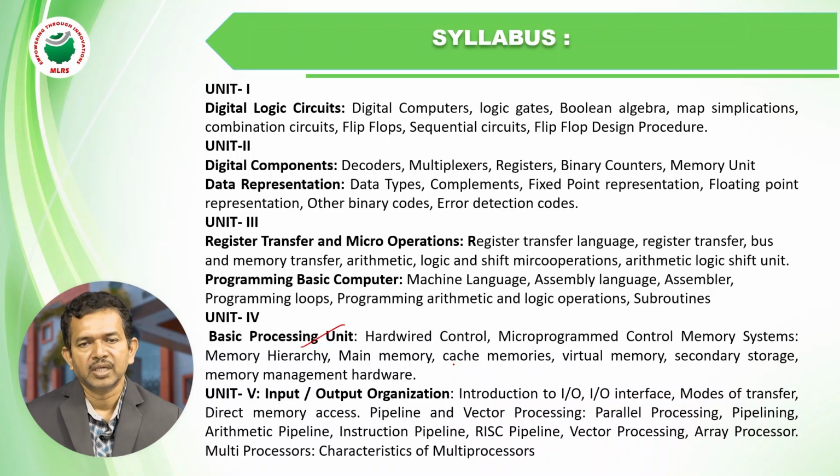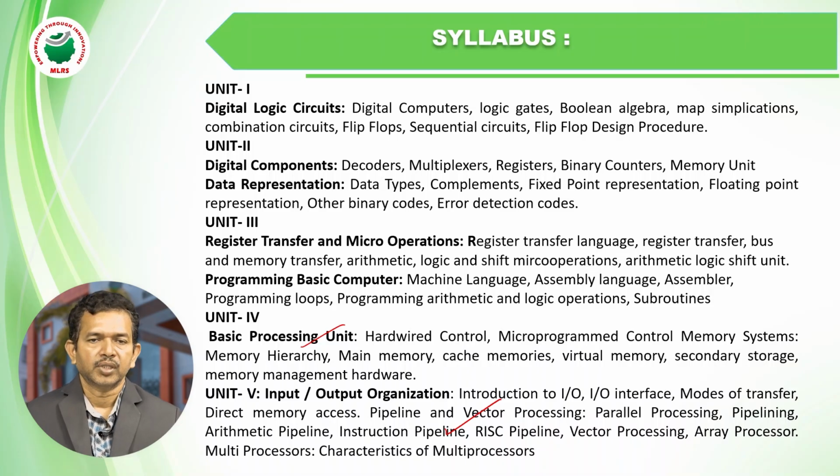But in the hardwired control unit, all the hardware components interact with one another and the instruction gets processed. Among these two, which is the best one? How the data is processed, we are going to see in unit 4.